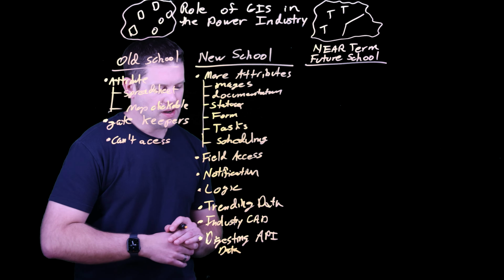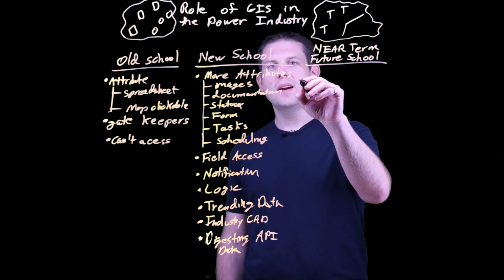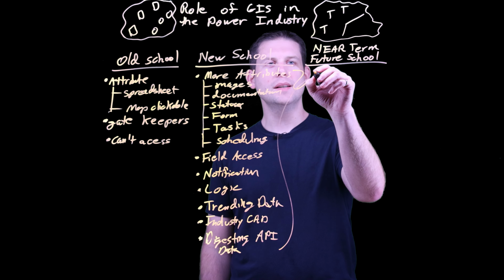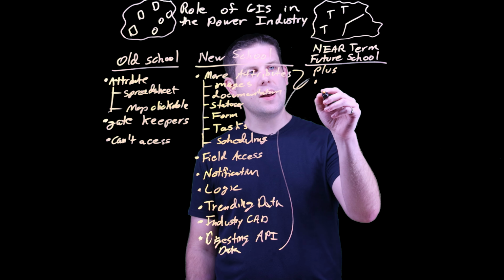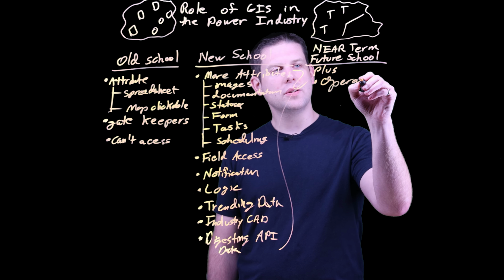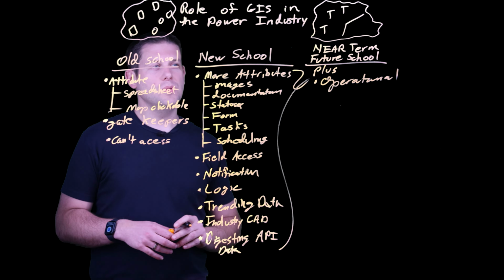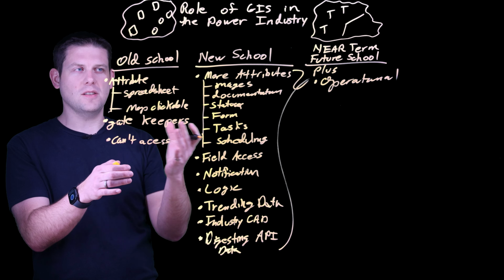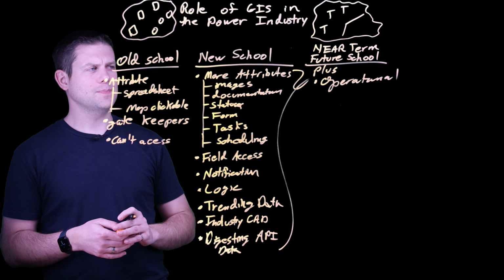All right. So now let's look at near-term, really, you know, future school, where it is in fact all of this plus some additional capabilities, where we look at overlaying some operational type of data. And you know, some GIS solutions do this now, where they take the GIS, the actual GIS system, and then they overlay something on top of that, like operational.